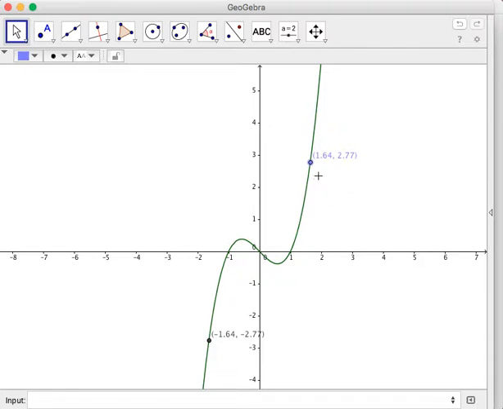Okay? So, 1.64, negative 1.64. 2.77, negative 2.77. Okay? Nag-gets nyo, hindi siya lumalabas ng graph. Ibig sabihin, siya ay symmetric about the origin.